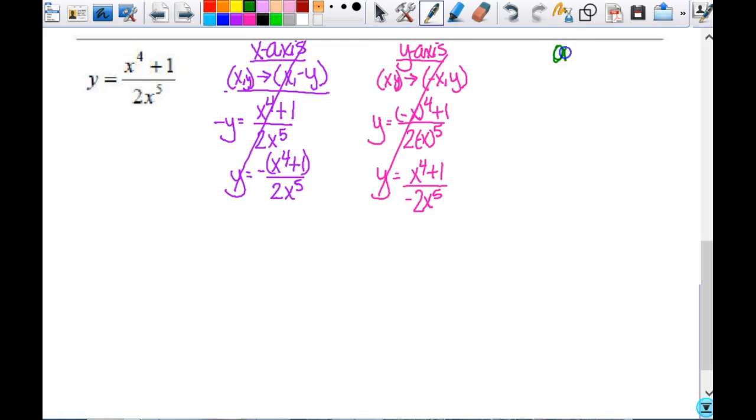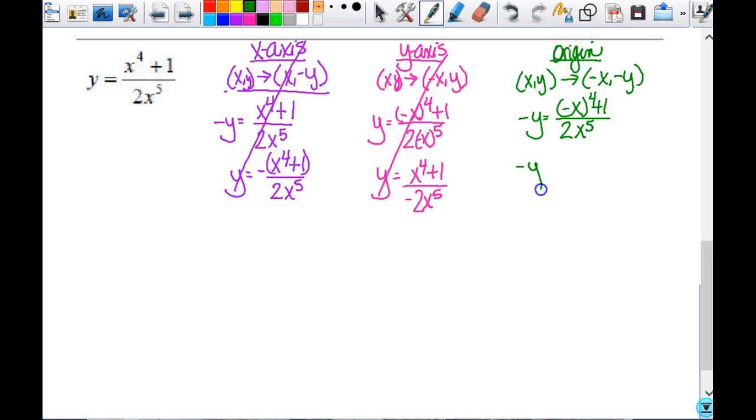But if it does have origin symmetry, then (x, y) would map to (negative x, negative y). So now we'll try this one. I've replaced the x and y with negatives, so negative y equals negative x to the fourth plus 1 over 2x to the fifth.